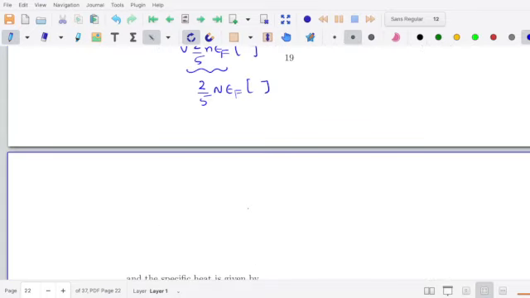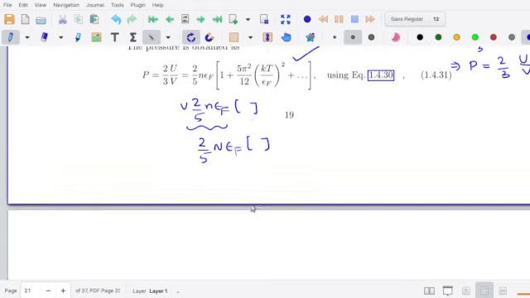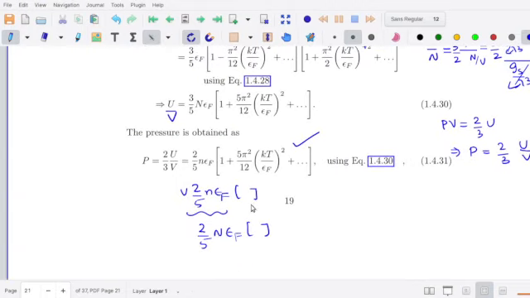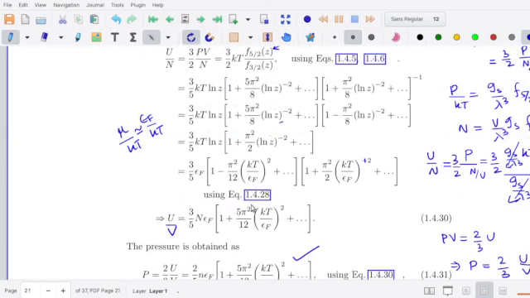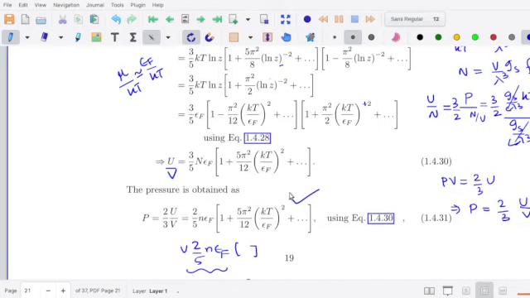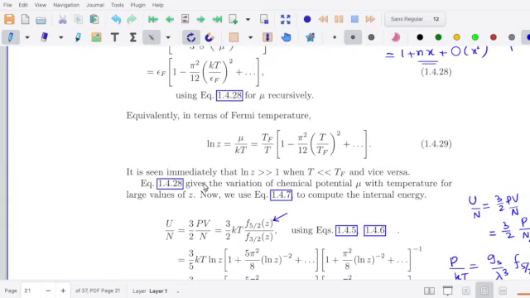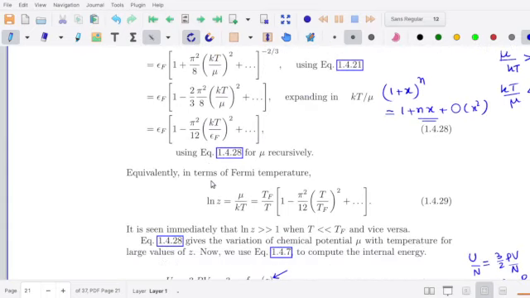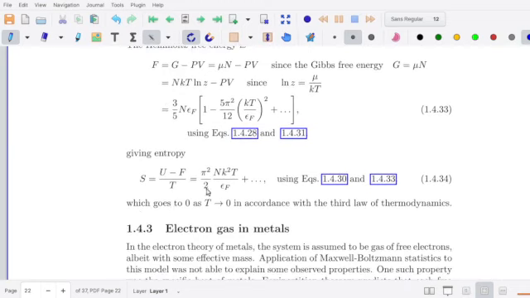So in short, for a degenerate Fermi gas, the fugacity Z is going to be very large, and therefore we can use the Sommerfeld expansion for the Fermi Dirac distribution function, using which we can compute series expansions for the internal energy, the chemical potential, the pressure, and the entropy.